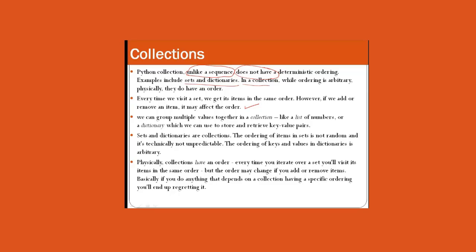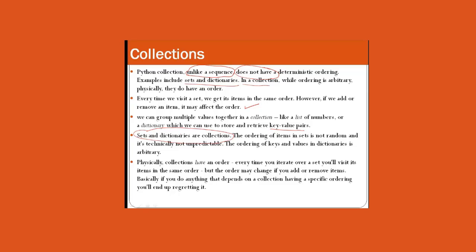Fine. So we can group multiple values together in a collection, like a list of numbers or a dictionary, which we can use to store and retrieve key value pairs. So here you can see sets and dictionaries are collections, right?